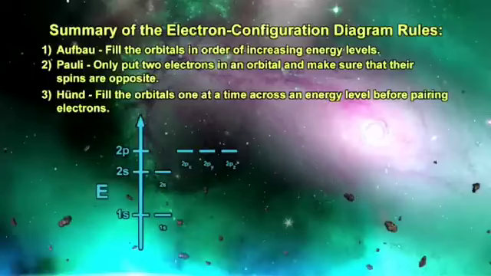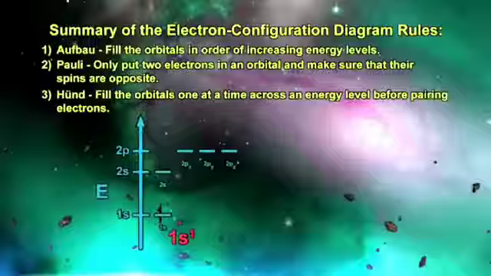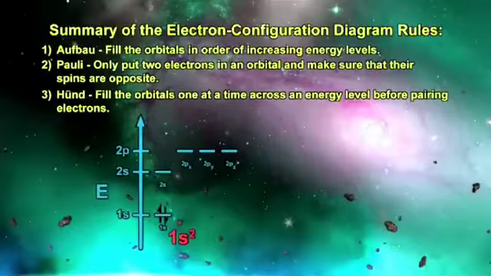The first electron goes into the lowest energy orbital, the 1s orbital, which is the Aufbau rule. The second electron goes into that same orbital with opposite spin. The Pauli exclusion principle states we can only have 2 electrons per orbital, thus the third electron goes into the next highest energy orbital, the 2s.